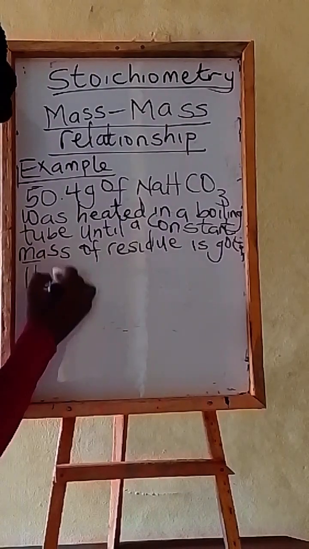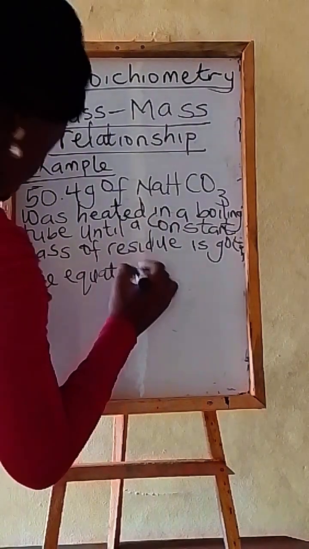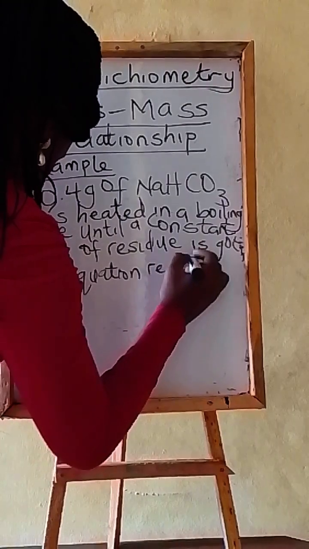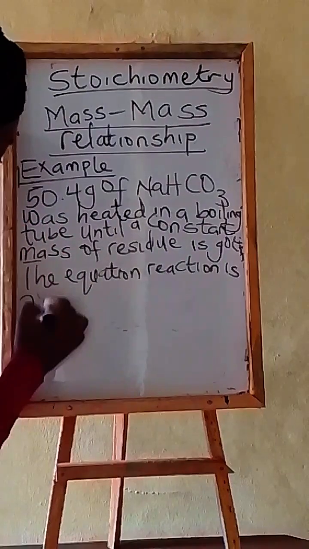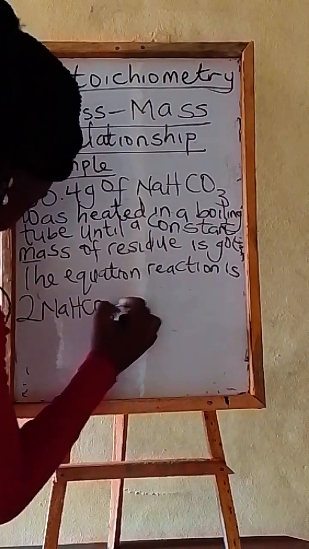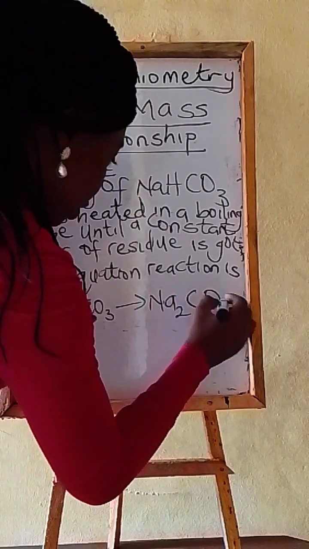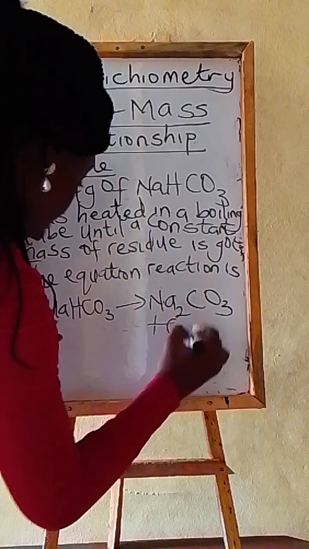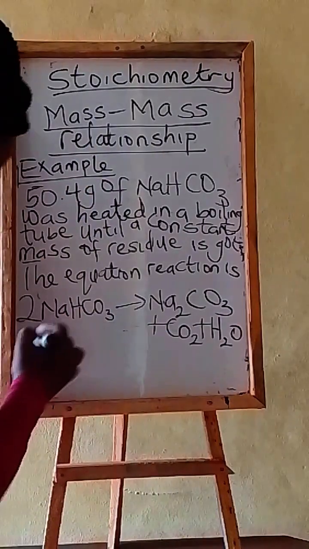The equation of the reaction is 2NaHCO3 to give Na2CO3 plus CO2 plus H2O.